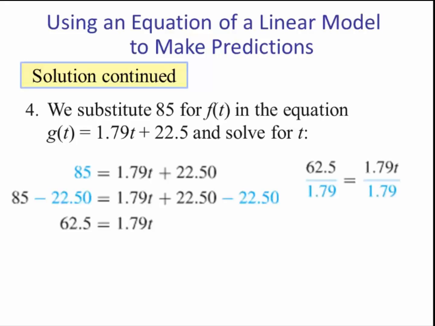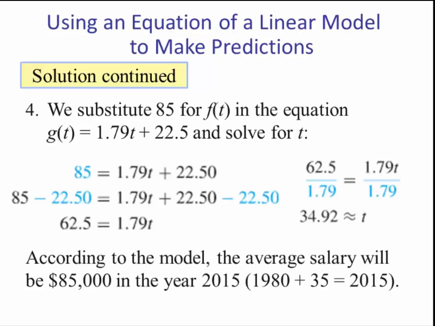Now we divide by 1.79, and we see t is approximately 34.92, rounded to 2 decimal places. So what does this mean in terms of the problem? According to the model, the average salary will be $85,000 in the year 2015. So we round t off to 35 and add it to 1980, and we get 2015.